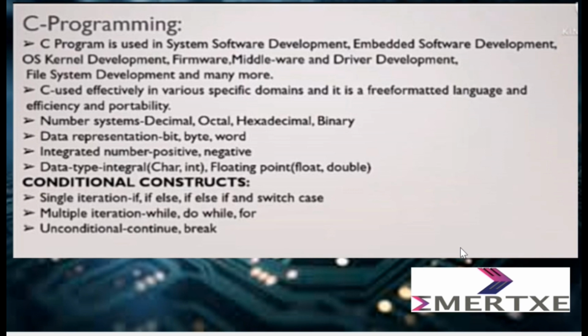It has data represented in bit, byte, word, and integers in positive and negative. Data types are integral, character, int, floating point or float, and double. It has conditional constructs, single iterations if-else, if, and switch cases. Multiple iterations are while, do-while, for. Unconditional: continue, break.